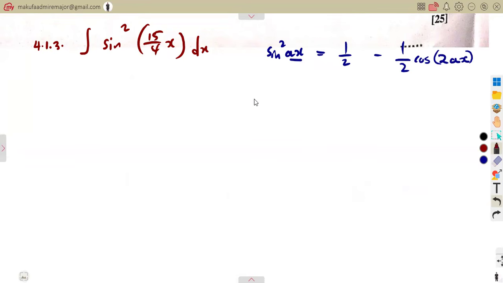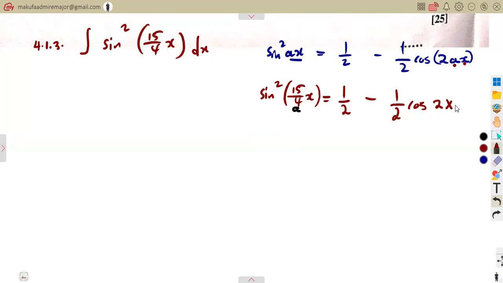If this is sine squared of 15 over 4x like this, our a is important, which is 15 over 4. So this is going to give us 1 over 2 minus 1 over 2 the cosine of 2 times a x, which is 15 over 4x.